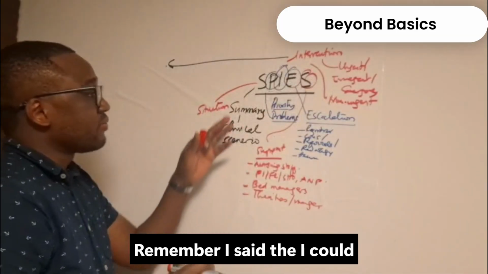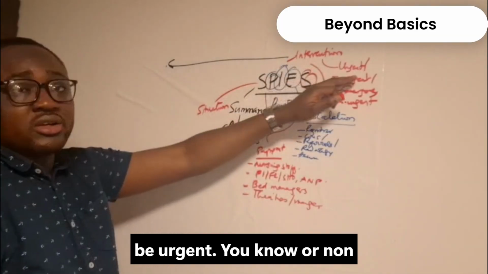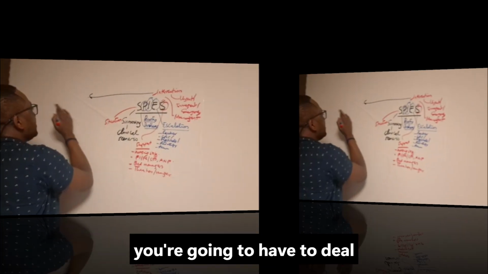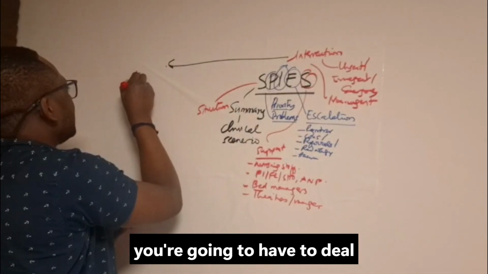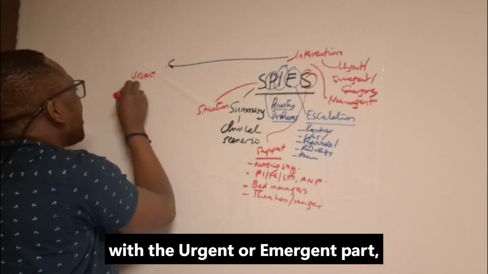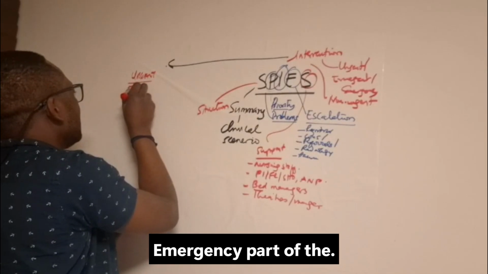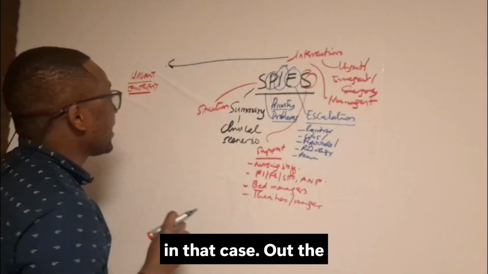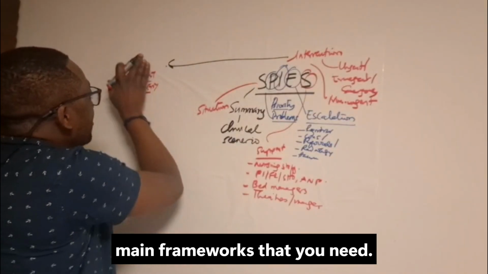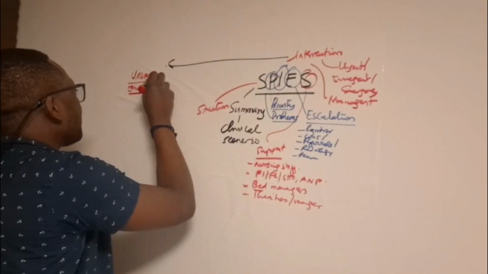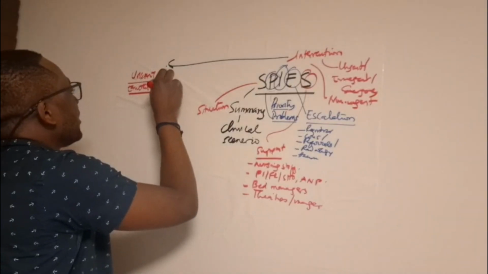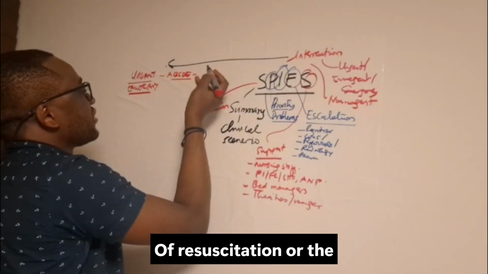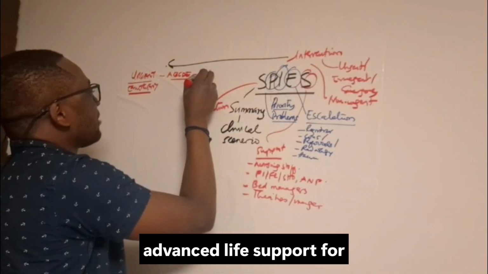Remember I said the I could be urgent or non-urgent. Now, in most interviews, you're going to have to deal with the urgent or emergency part of the I. In that case, the main framework that you need is the A, B, C, D, E of resuscitation, or the advanced life support.